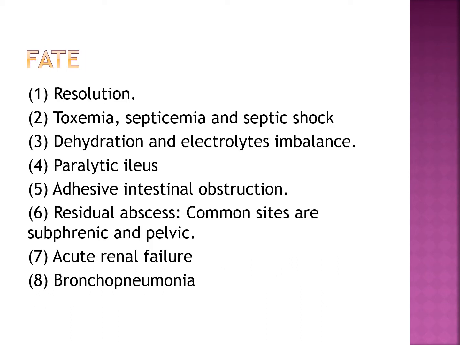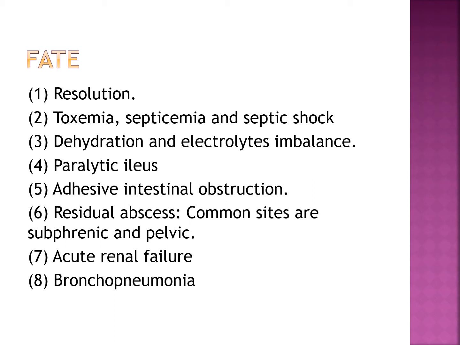So what is the fate of this pathological inflammation, or what is the fate of this peritonitis? Either if the virulence of the organism is low, if the immunity of the patient is good, and the localizing factors work well, this will lead to resolution of infection and ending this set of acute peritonitis.